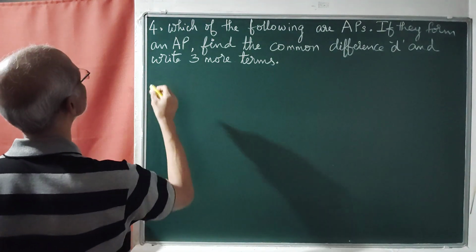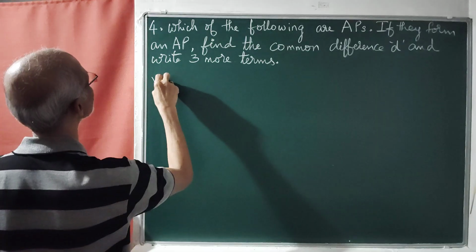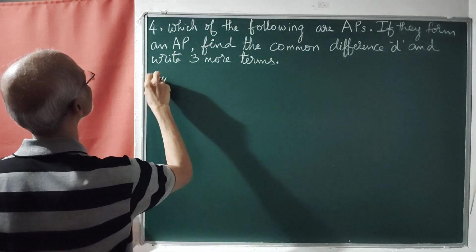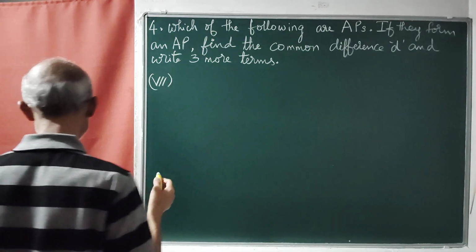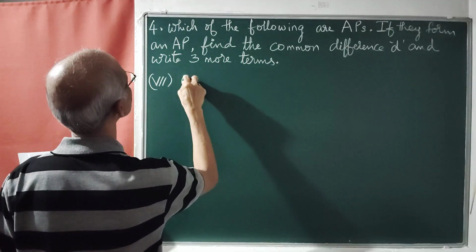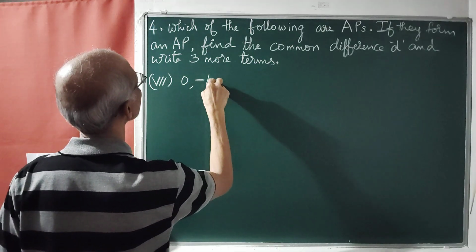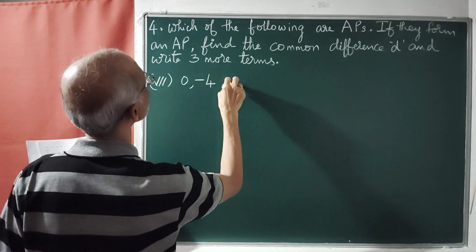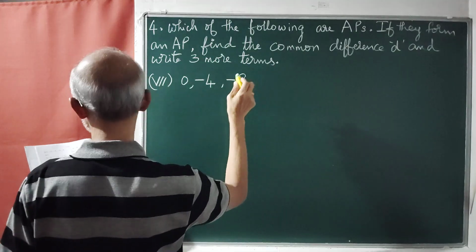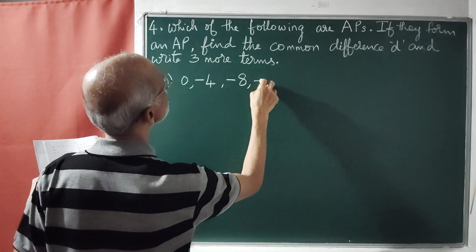This seventh sub question 7, they are given us a list of numbers 0, minus 4, minus 8, minus 12.